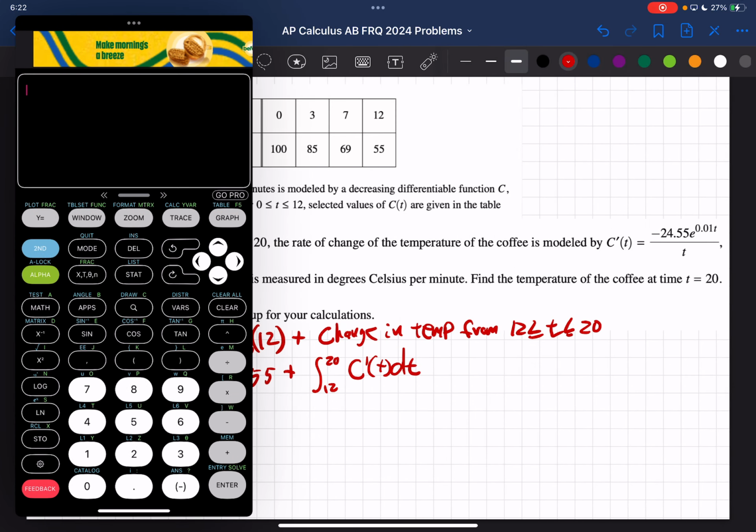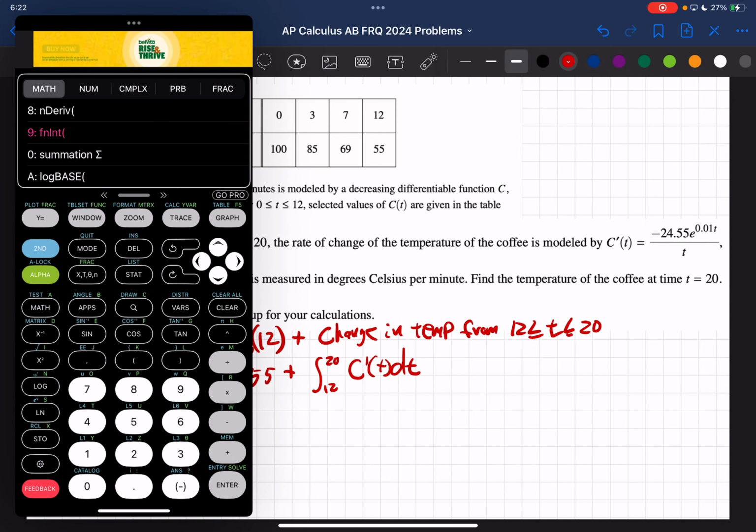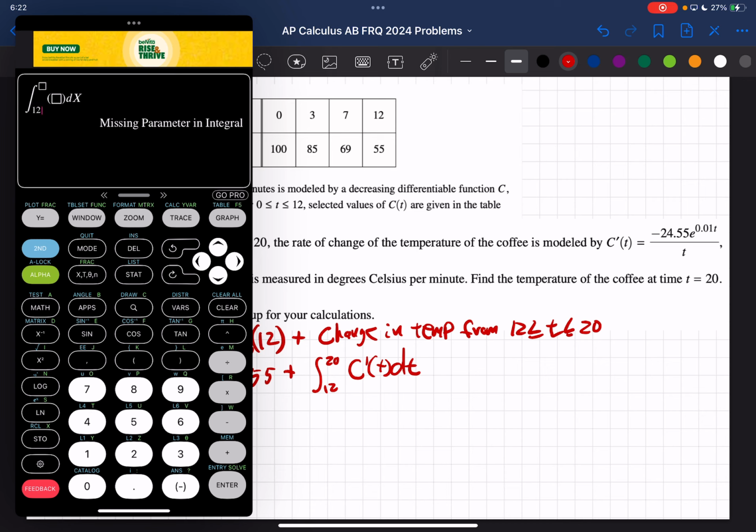So I'll move the calculator over here. So my integral from 12 to 20, and our formula is negative 24.55 e raised to the 0.01. x is going to be our variable because we don't have t on our calculator. And for good measure, we're going to put in an extra parentheses, divided by x.